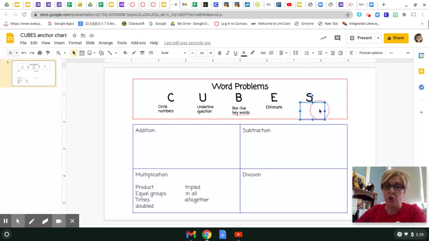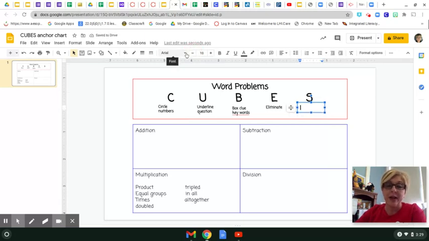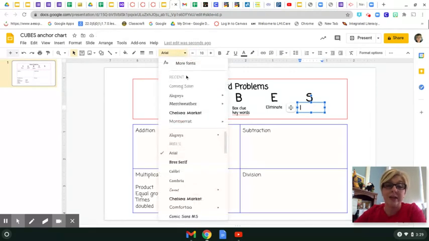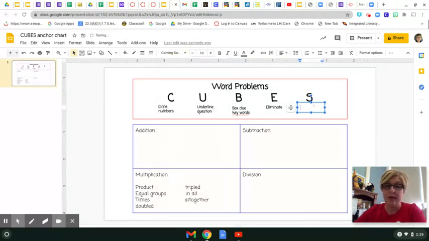Last one, there are two words that go with S. The first word is solve. After we've done all of that work, finding the information, figuring out what to do, finding our keywords, we're going to solve it. So solve is our first S. And the second S is, does it make sense?